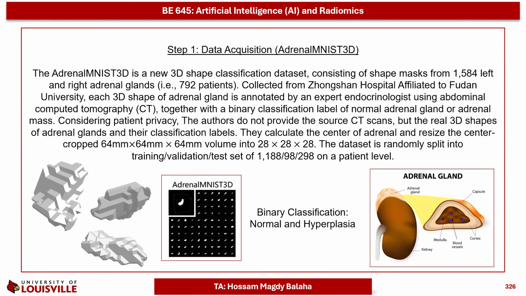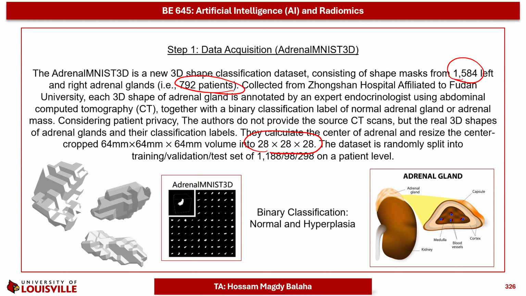And this dataset is a 3D shape classification dataset that consists of shape masks from more than 1.5K left and right adrenal glands, which is reflecting 792 patients. And each element in the dataset has a shape of 28 by 28 by 28. This means that it contains 28 images, and each image has a shape of 28 by 28.